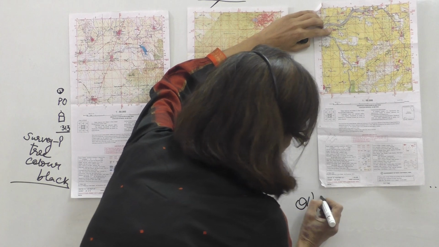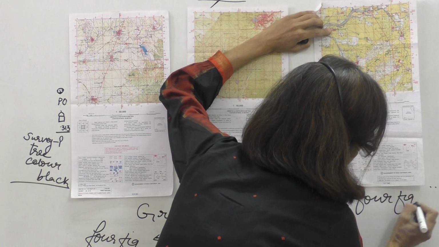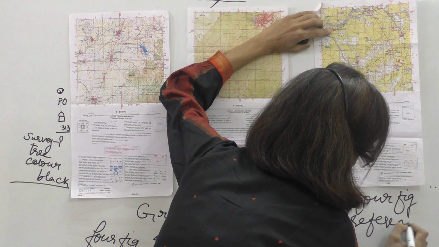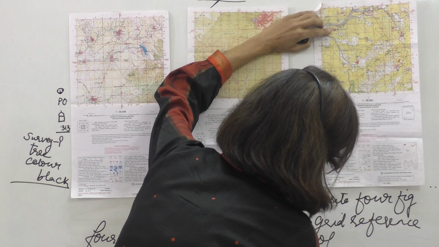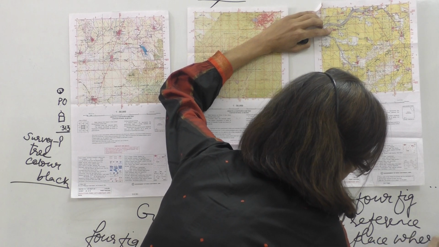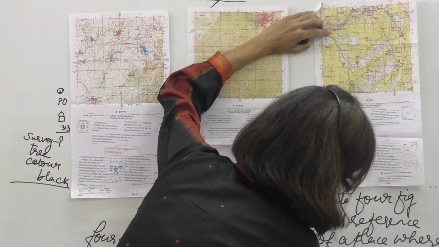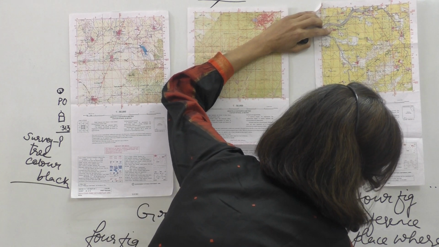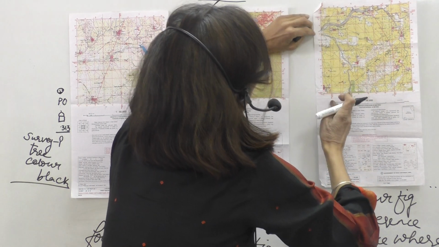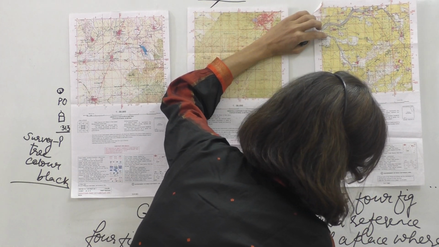The question in the paper is: write the 4 figure grid reference of a place where people meet once a month. Now this is 0308.